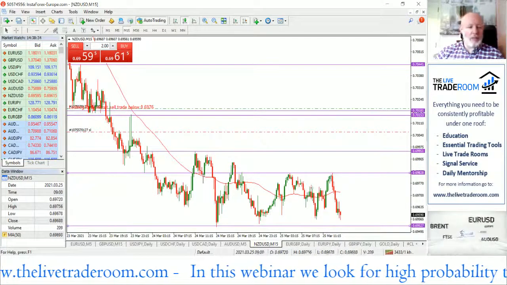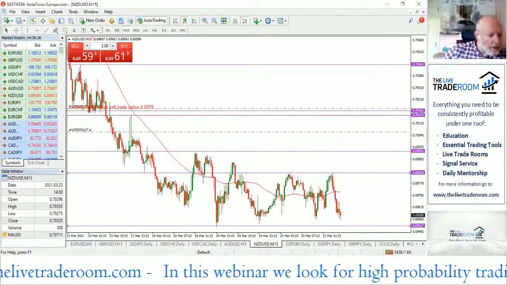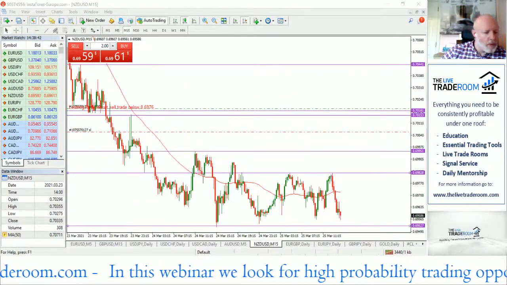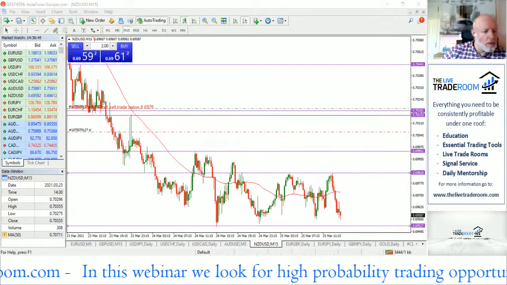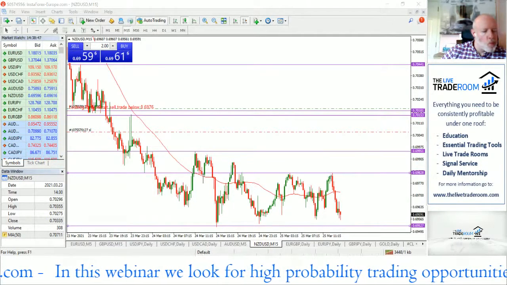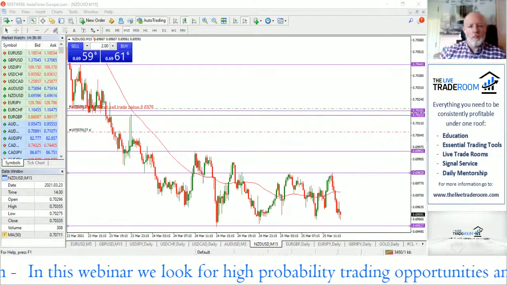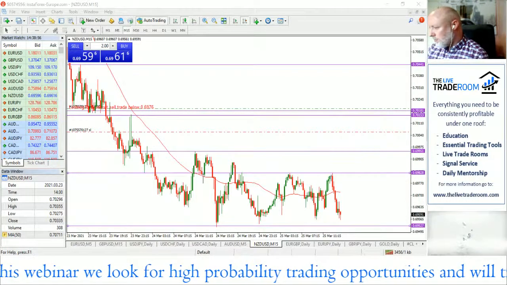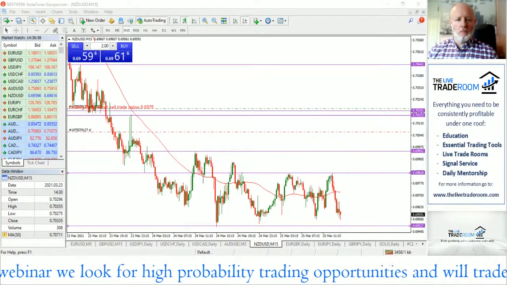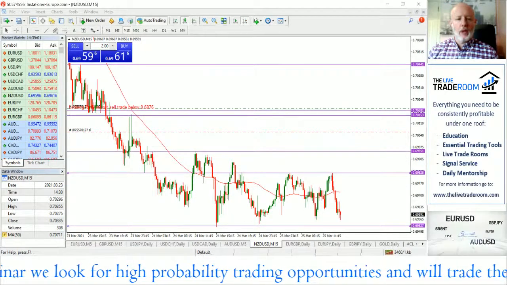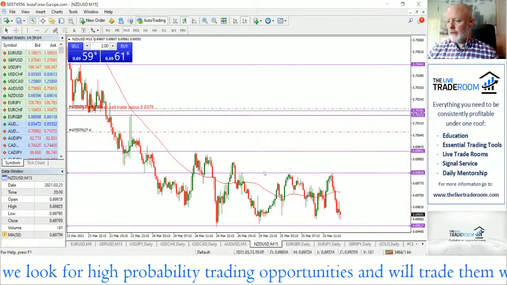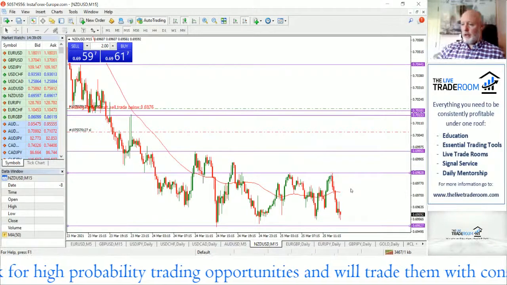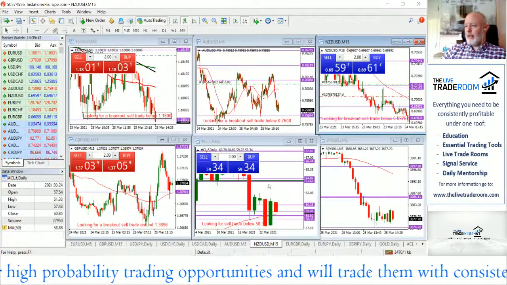So you want to see support and resistance create a series of multiple touches of levels of support resistance to the upside and to the downside, and what we generally look to do is to trade the breakout of those levels.